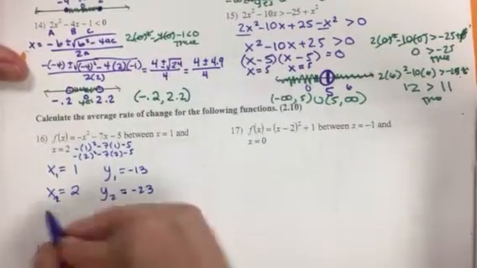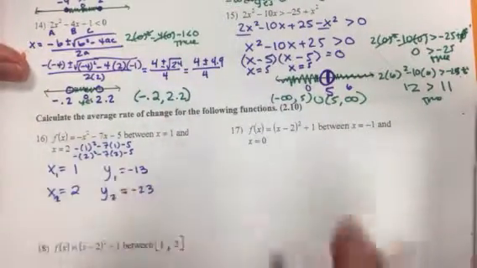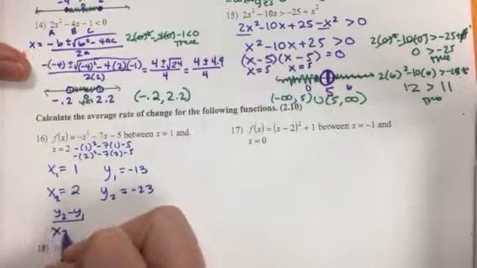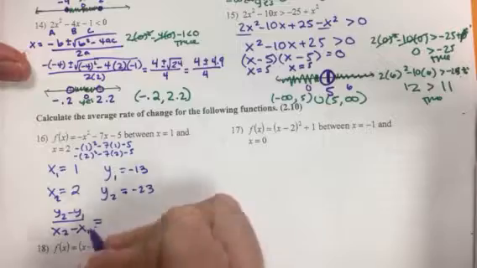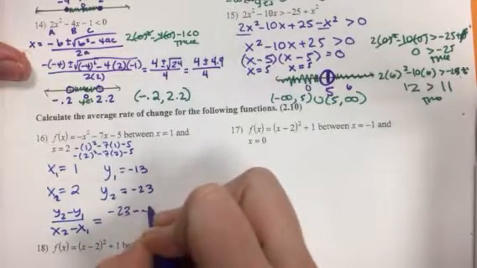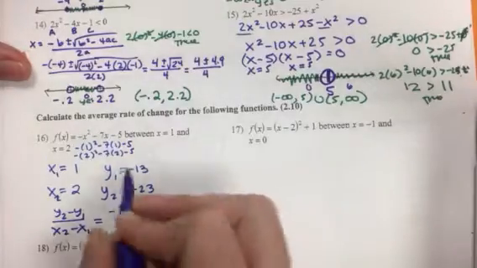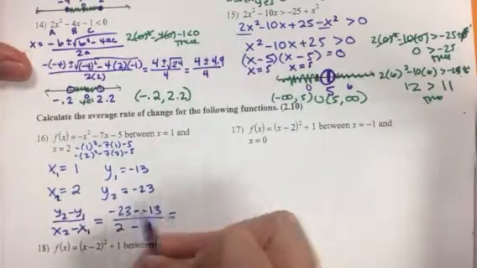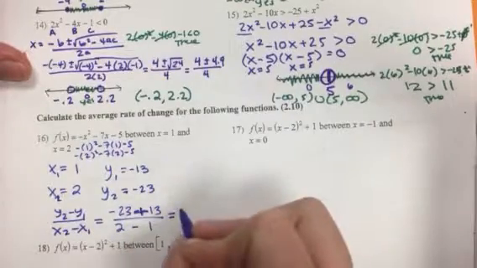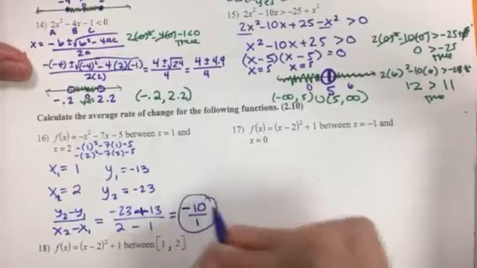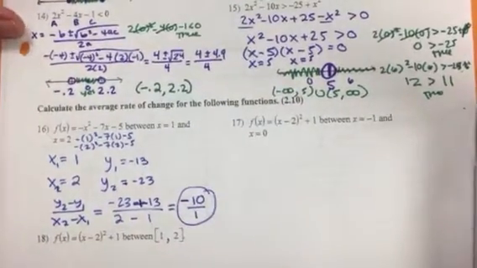For average rate of change, I like to think of slope, y2 minus y1 over x2 minus x1, which equals negative 23 minus negative 13 over 2 minus 1. Two negatives become a positive, so we get negative 10 over 1. And there's our rate of change.